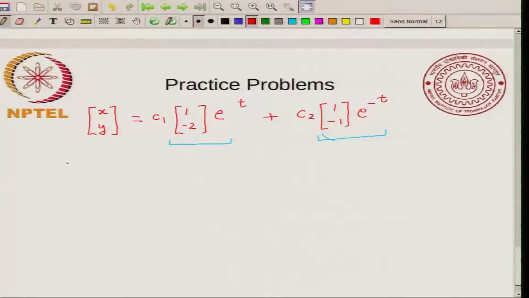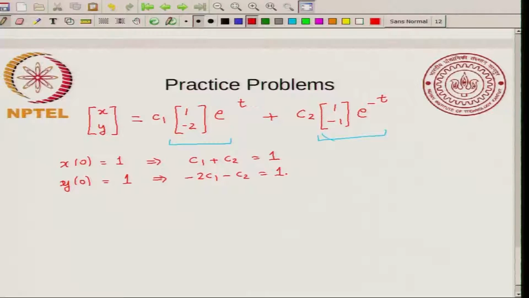So we know that x of 0 equal to 1 implies C1 plus C2 equal to 1, because when t equal to 0, you just have C1 and you have plus C2. And then you have y of 0 equal to 1 implies minus 2 C1 minus C2 equal to 1, okay.